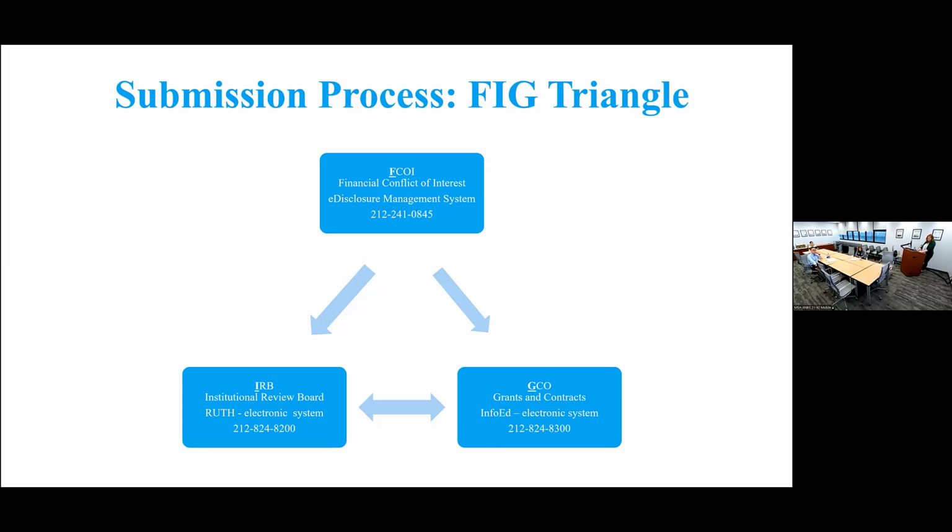You'll only need to submit to them if you're receiving any external funding or if you need some kind of agreement endorsed by their office, like a data use agreement. But if your study is school-sponsored and doesn't require any kind of agreement, then you won't need to talk to the GCO, and you can ignore that part of the triangle.